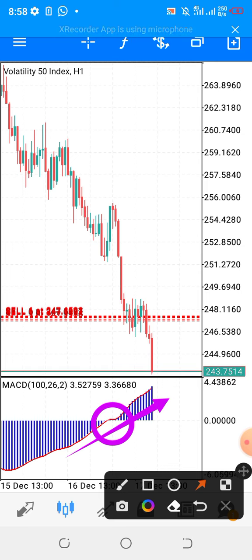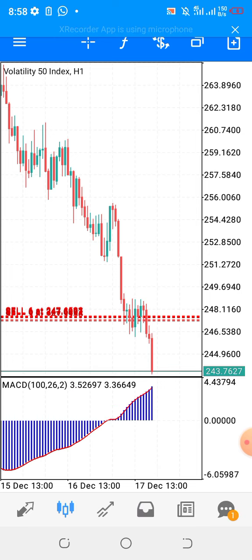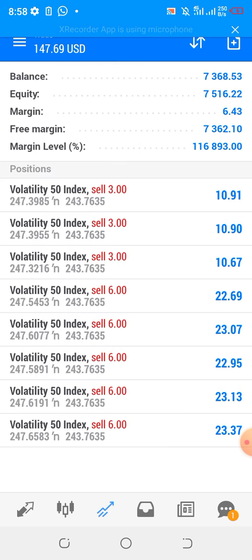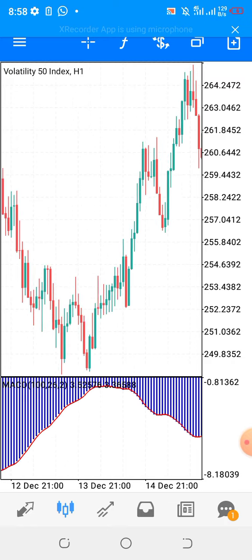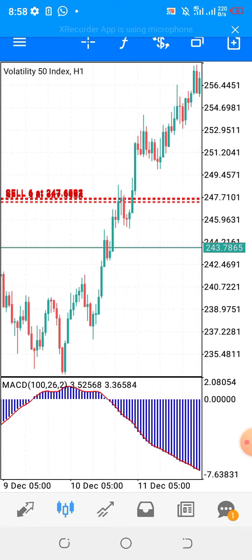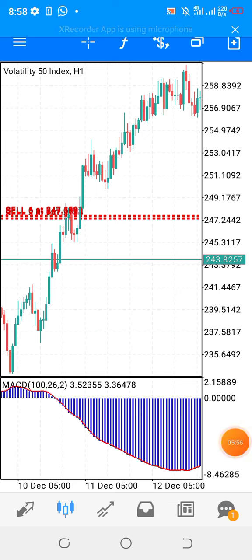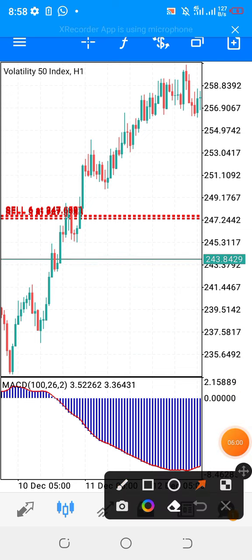I am on sell because of this crossing here. That's the reason why I am on sell. Do you understand? Whenever you see this type of crossing, it is a clear sell signal. Then in a case whereby the crossing is from upward to downward, that is a clear buy signal.